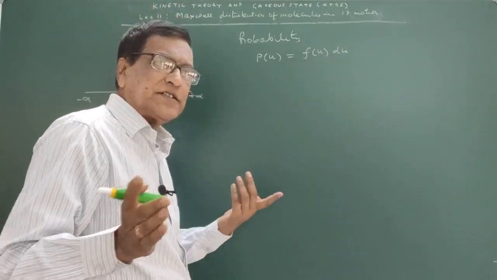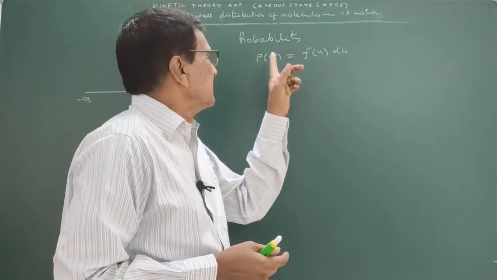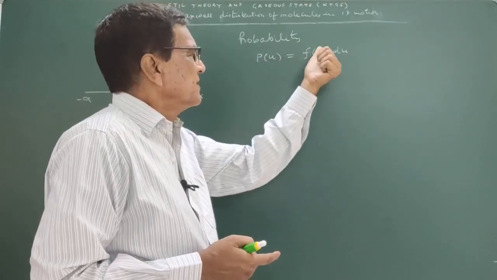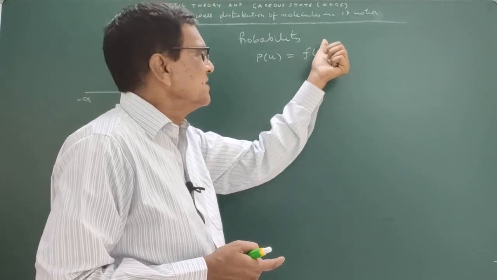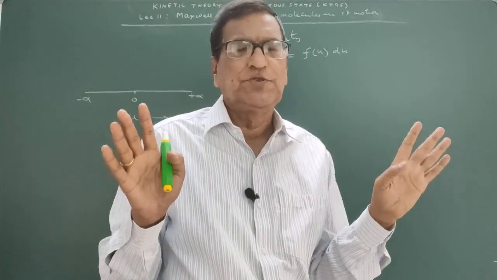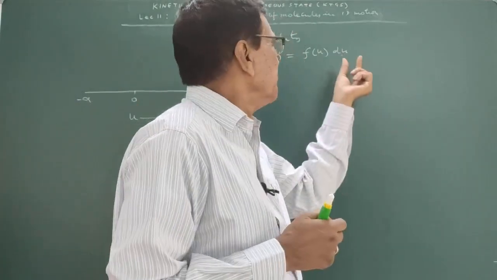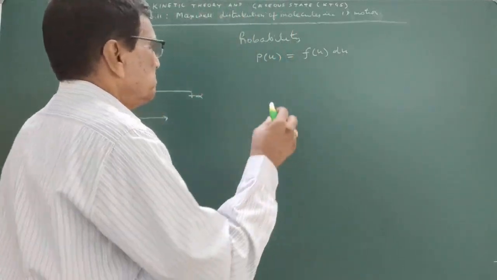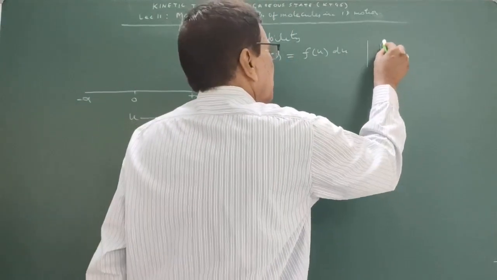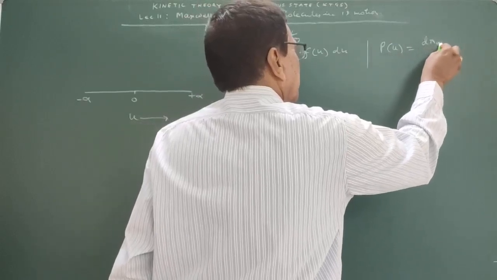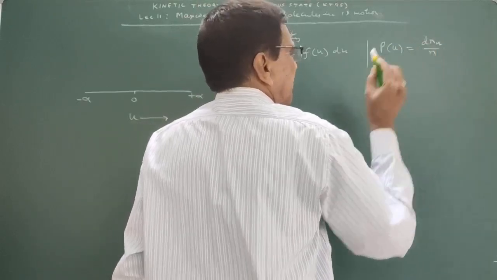We have already considered this. The probability will have some function, and this is called the x component velocity distribution function, and du is the range, and this P(u) is equal to dn_u by n.